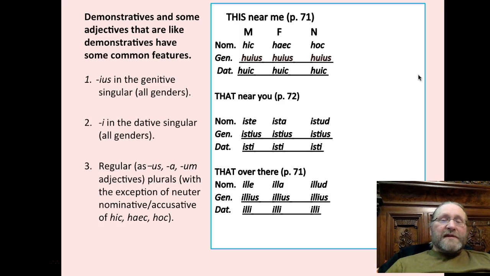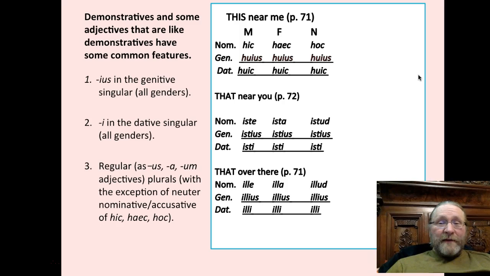For example, you can see that hic, haec, hoc goes to huius, huius, huius, huic, huic, huic. Iste, ista, istud: the genitive is istius, istius, istius, and then dative isti, isti, isti. And ille, illa, illud is illius, illius, illius, illi, illi, illi.